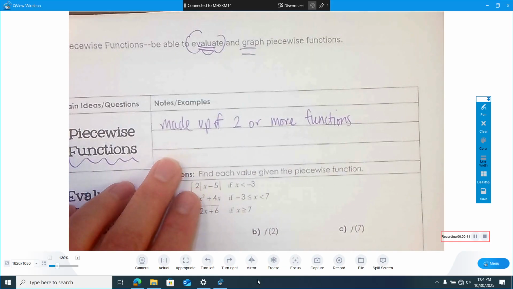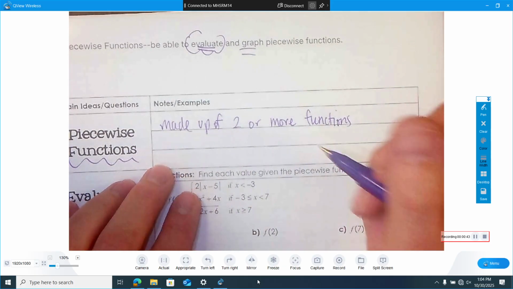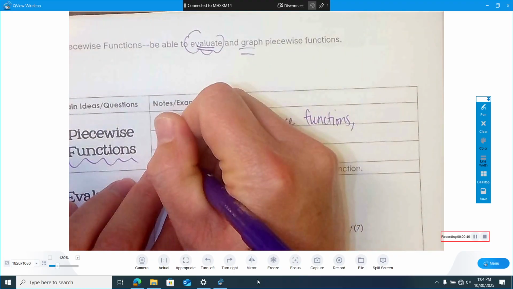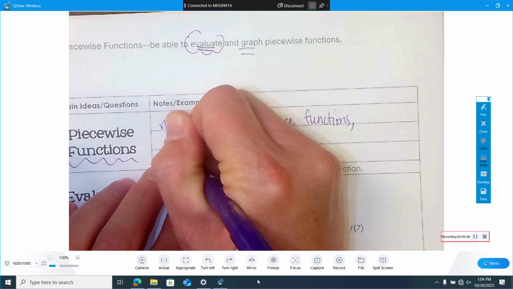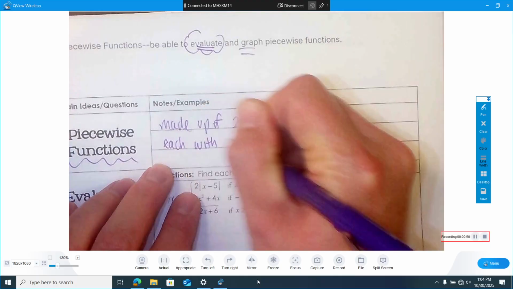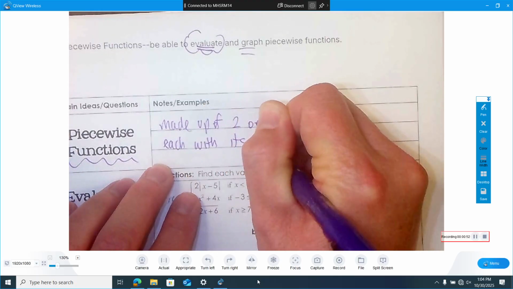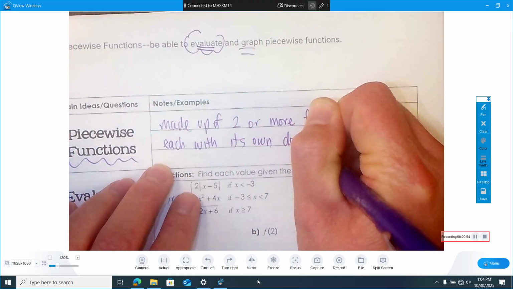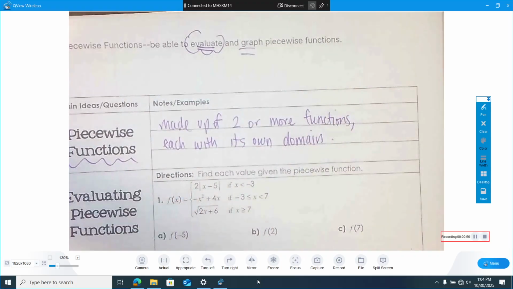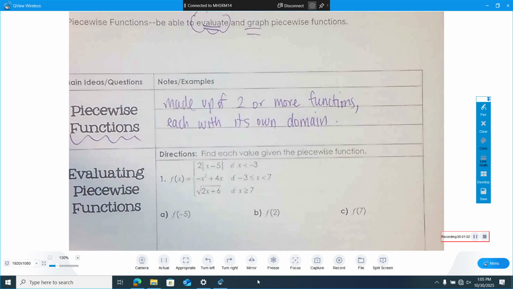Two or more functions, each with their own domain. So made up of two or more functions, each with their own domain.